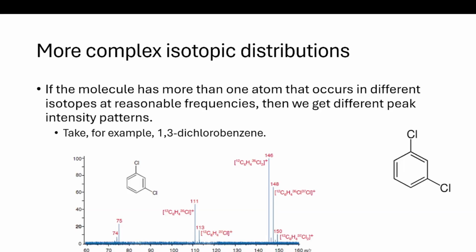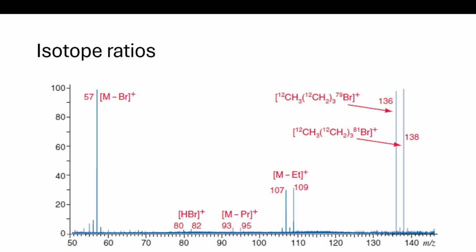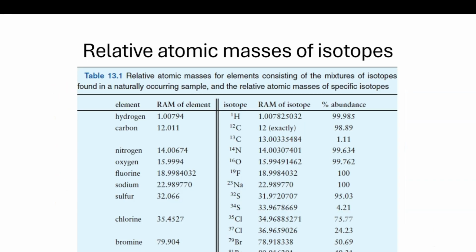And you can see both atoms can be chlorine-37, both atoms can be chlorine-35, or one chlorine atom can be chlorine-35 and another can be chlorine-37. And this creates a much more complex mass spectrum than something like butyl bromide, where we only have one atom that has an impact because of its isotopes, which is bromine.